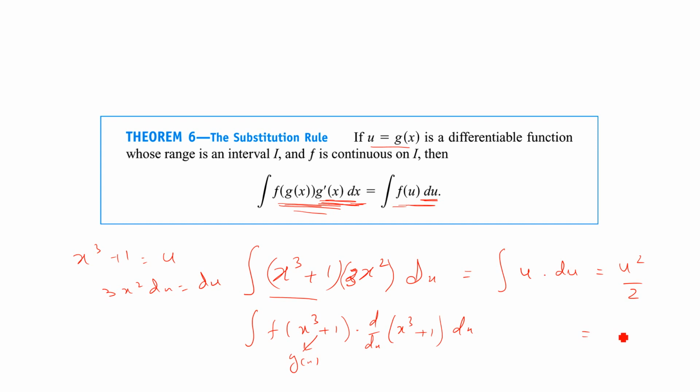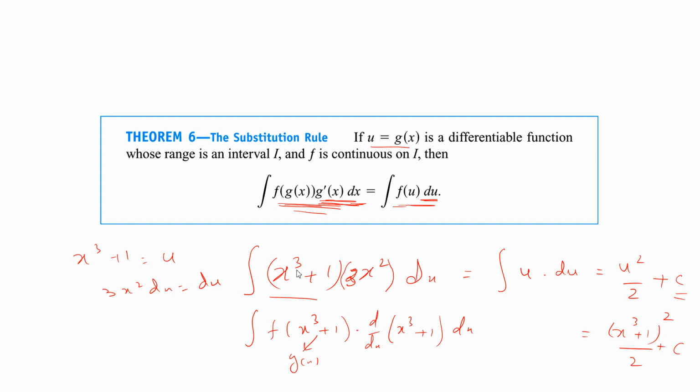So by backward substitution we have (x cube plus 1) square divided by 2, and of course plus c, because two antiderivatives differ by a constant. This c is very important, and it is also called the constant of integration. So (x cube plus 1) whole square divided by 2 is the answer. This is a simple example.